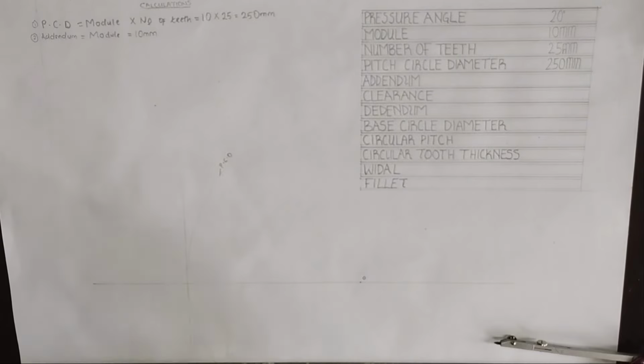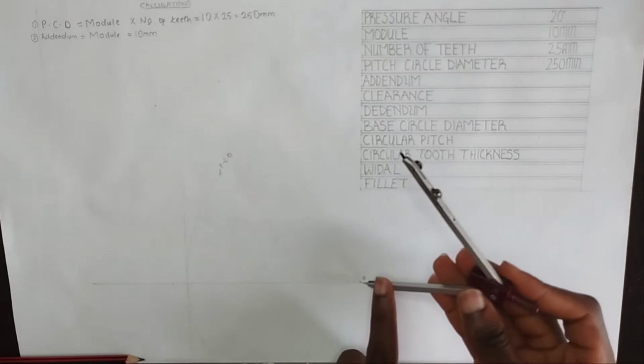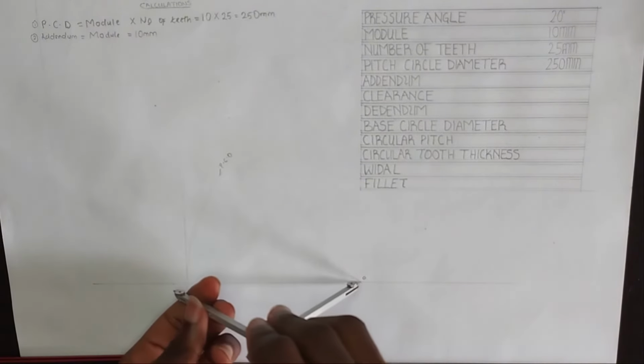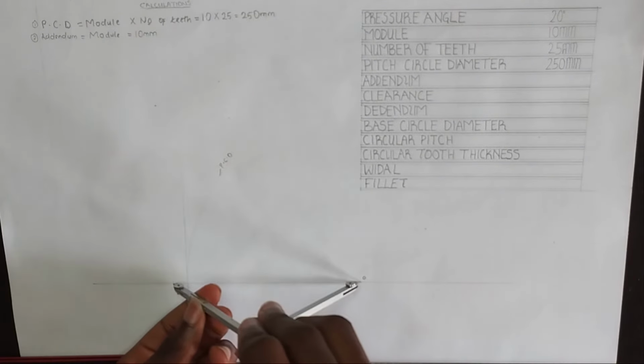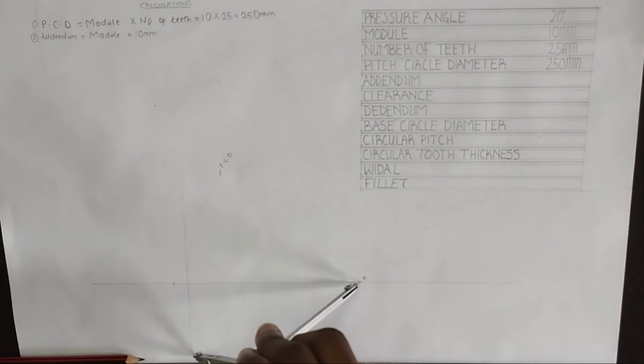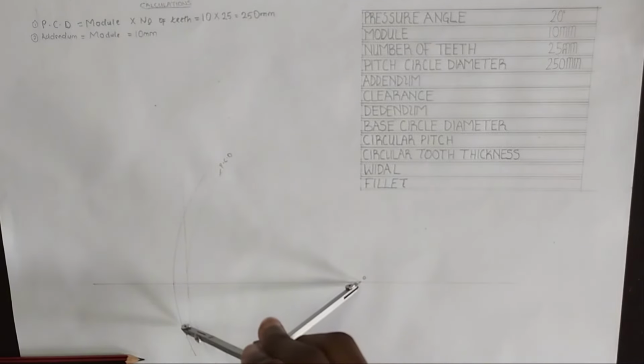So I'll pick my compass right from this point O here. Right from this point O, I will extend it to this point here, which is given as my addendum. Then I'll draw an arc like this.